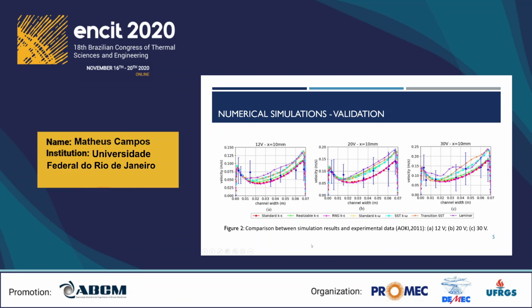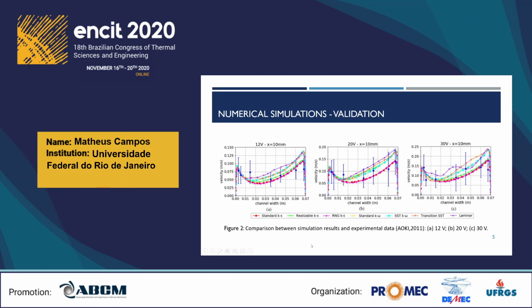As can be seen, there is a reasonable agreement between experimental data and simulated results. There is the formation of the M-shaped velocity profile for every model simulated, and this is a characteristic of this kind of flow. We can see that the best results are achieved for the standard k-epsilon and RNG k-epsilon models.